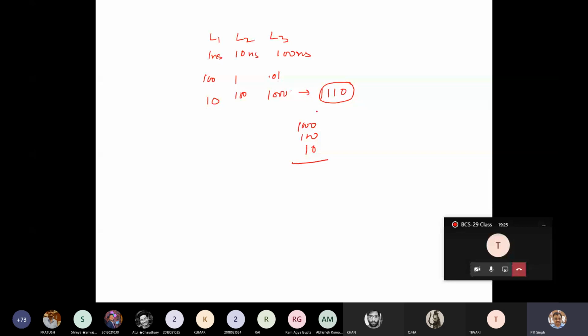So almost, if you see, the cost will be this. So the storage cost per bit is approaching this, almost. Okay. Now we have to devise the method so that we can get the access speed of this.